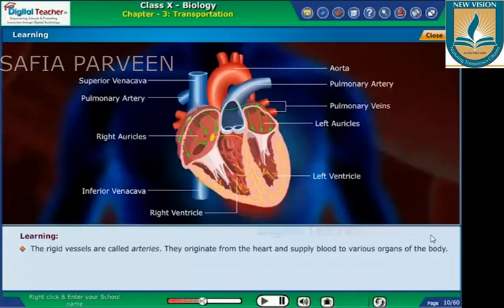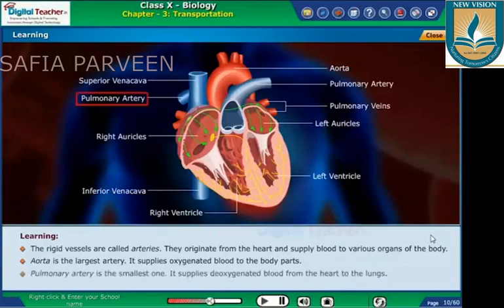The largest of the arteries among the rigid blood vessels of the heart is the aorta. It originates from the left ventricle and distributes blood to all parts of the body. It distributes the oxygenated blood, filled with oxygen, to all parts of the body.